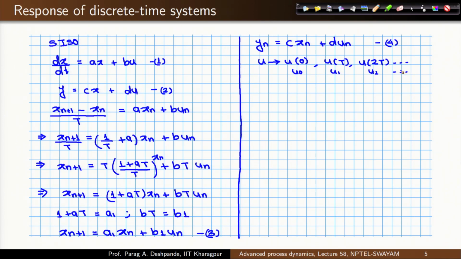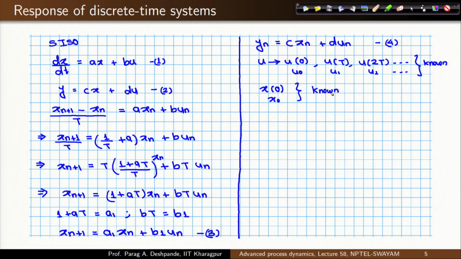Fine. The initial condition, because equation number 1 is an initial value problem, x at 0 would be known. So, this is x0 and this is also known, right.